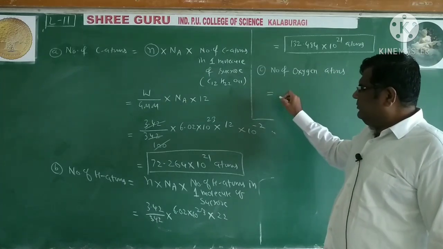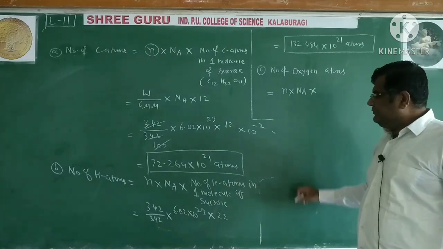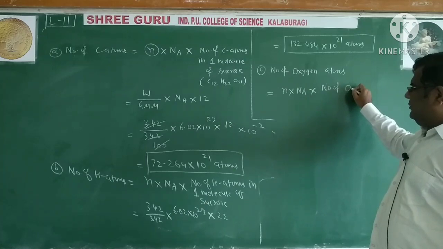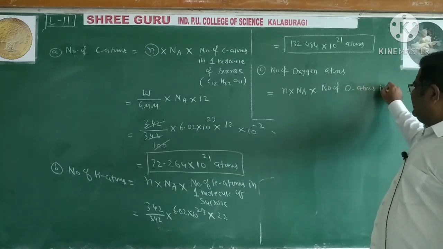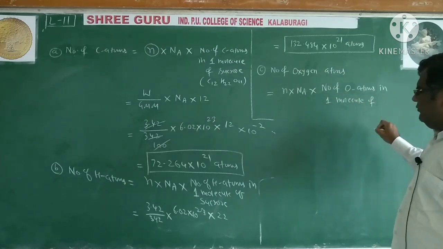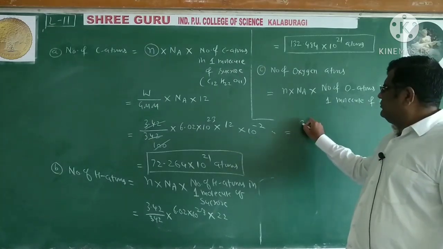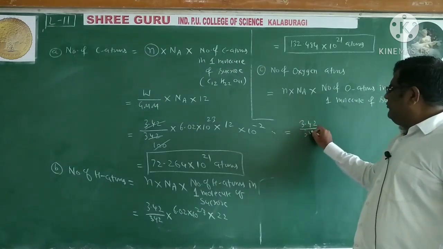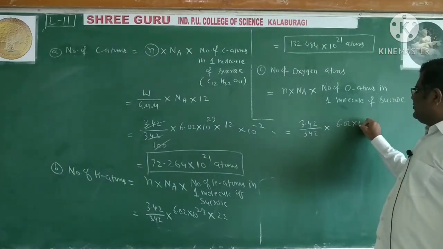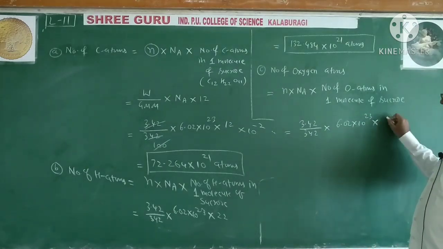Now the number of oxygen atoms is equal to number of moles into Avogadro number, and then the number of oxygen atoms in one molecule of sucrose. 3.42 by 342 multiplied by 6.02 into 10 raised to 23, and one molecule of sucrose contains 11 oxygen atoms.